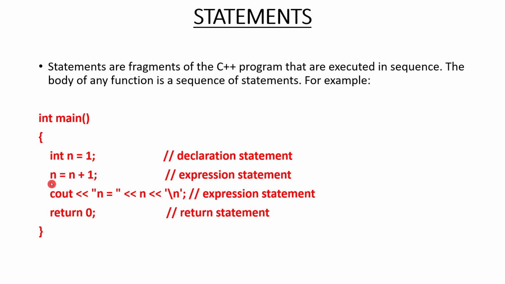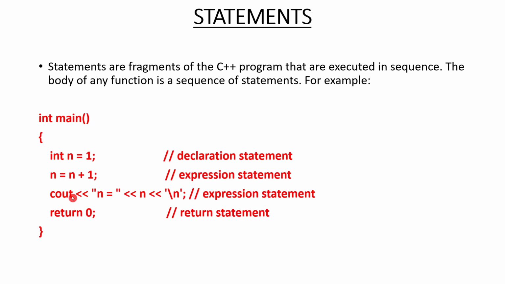As the next statement, we have n is equal to n plus 1. This is called an expression statement, because we are telling that whenever you use n after this statement, n should be incremented by a unit value.